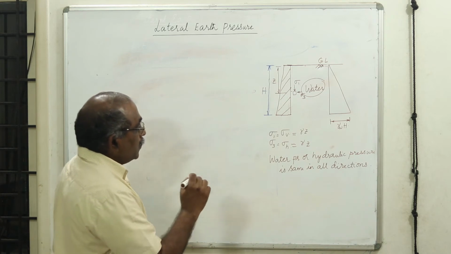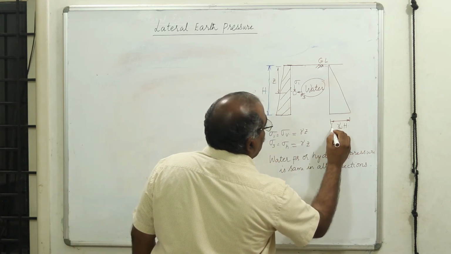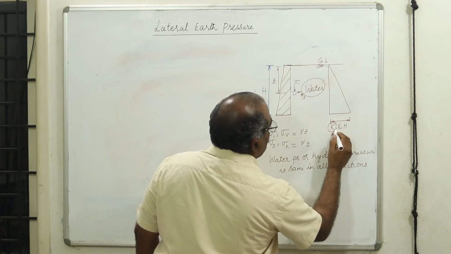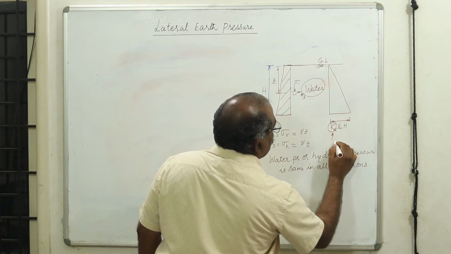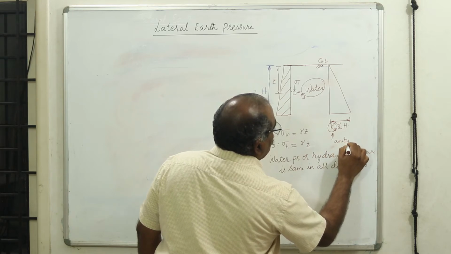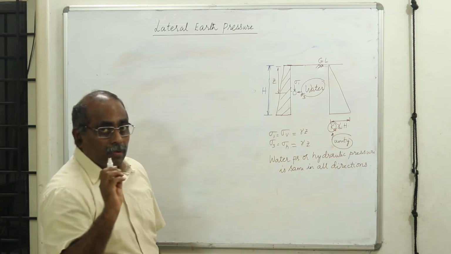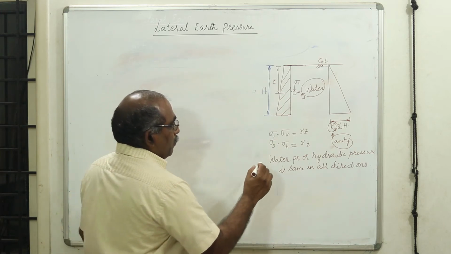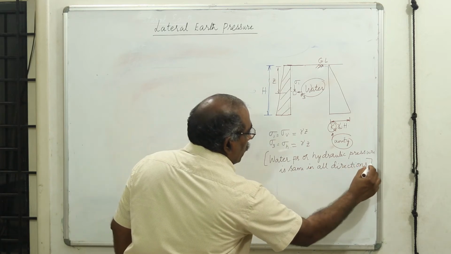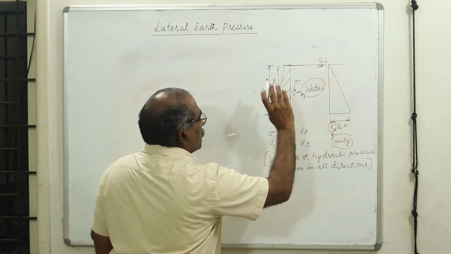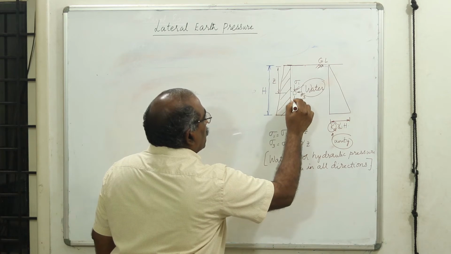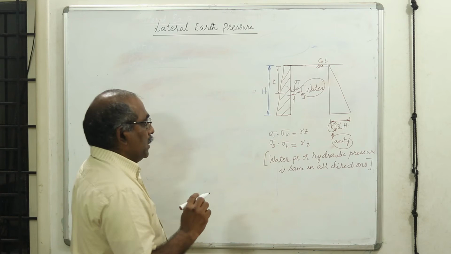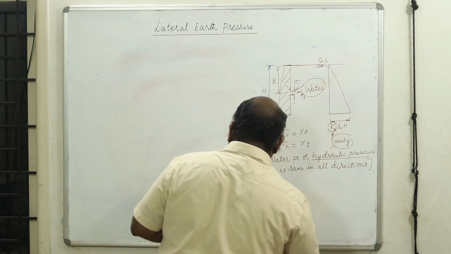Therefore, I am not writing any K. This K for water, Kw, or Ka becomes unity. Therefore, for water, you are not going to multiply by any coefficient. It is equal to 1 because the important thing is that it is the same in all directions, whether it is in the horizontal direction, vertical direction, or inclined direction, or any other direction. In all the directions it will have a uniform pressure. It is called hydraulic pressure. This hydraulic pressure is uniform throughout.